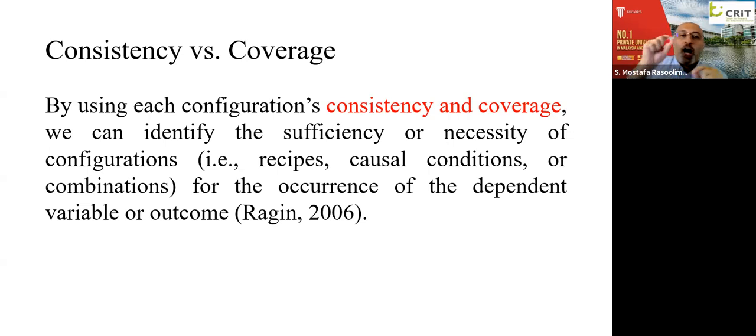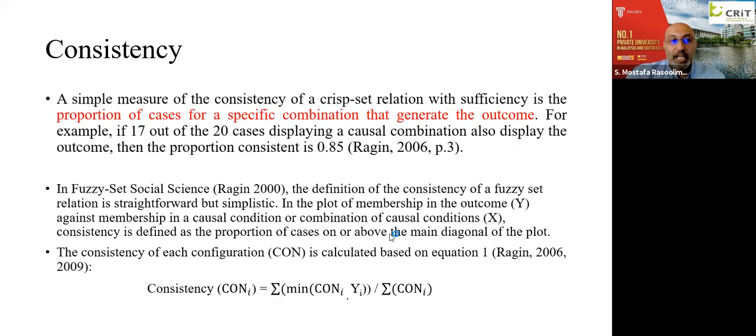Of course, only one respondent, one case that represents one combination of predictors, cannot be considered a sufficient condition, right? So what's the threshold for the number of cases to conclude that it is a sufficient or necessary condition? For this, we have to calculate consistency and coverage.